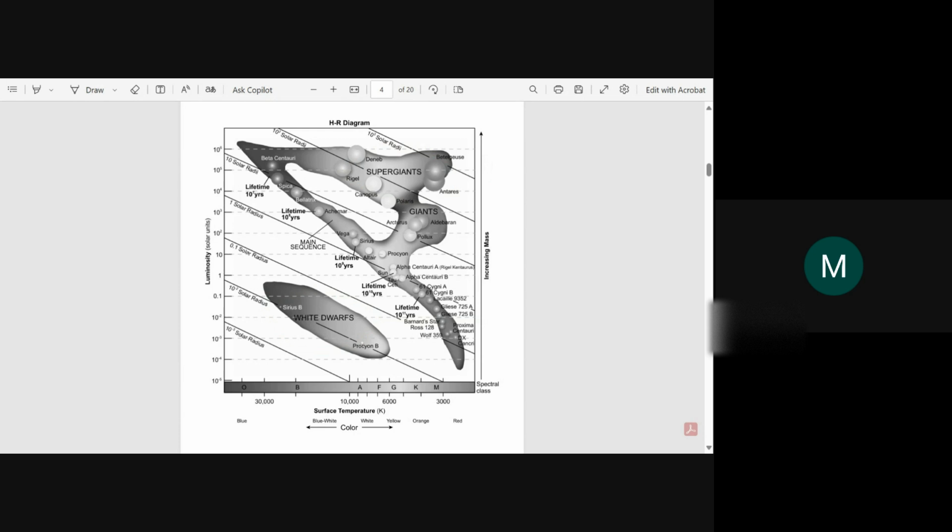For example, our sun is kind of like our standard, so it has a brightness of 1. Anything below that, the stars are dimmer; they're not as bright.